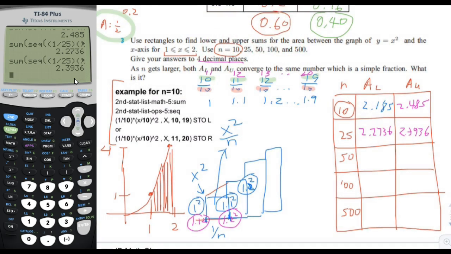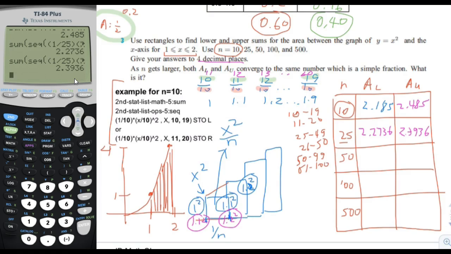Okay, so do you see how in the first one we used n equals 10, and then the counters we used 10 to 19, and then the counters 11 through 20 for lower and upper rectangles. And then for this one, we used 25 to 49 and 26 to 50 with n equals 25. So you can see the pattern here. Here we'll be using 50 to 99 and 51 to 100.